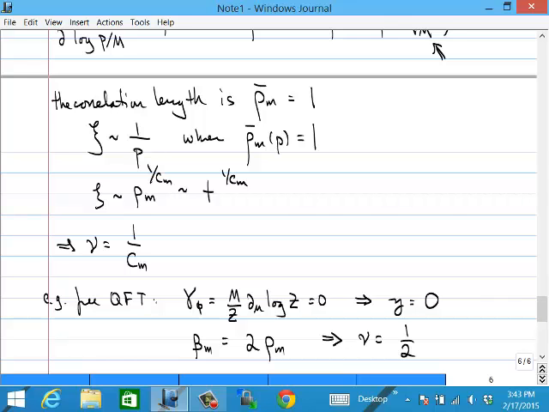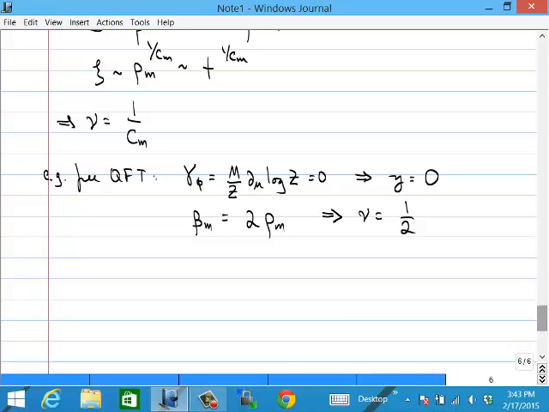So I'll need to get going in a second, but let me now tell you some comparisons with experiments.